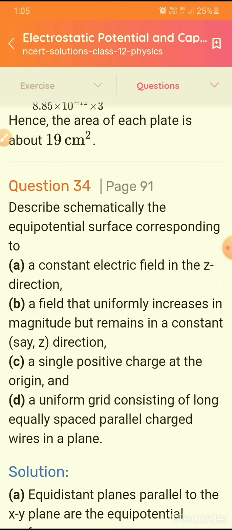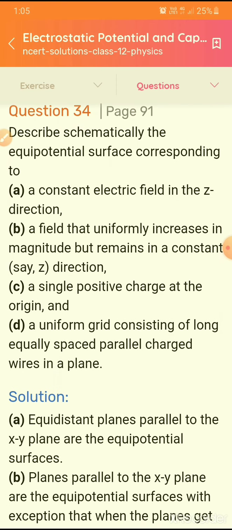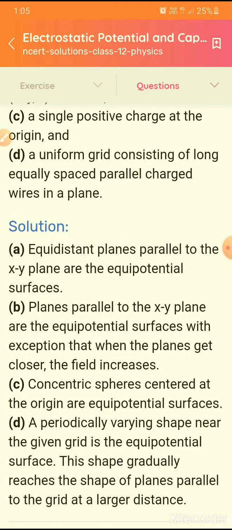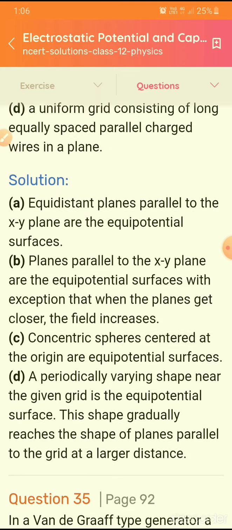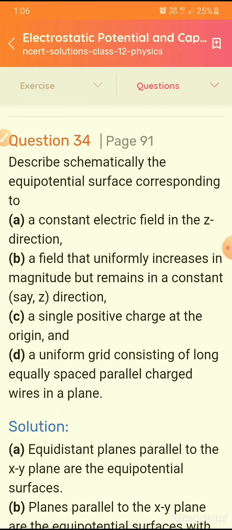So it is asking about the equipotential surfaces. The first question's answer will be equidistant planes parallel to the xy plane as the equipotential surfaces. And the second question asked is, a field that uniformly increases in magnitude but remains constant in the z direction.